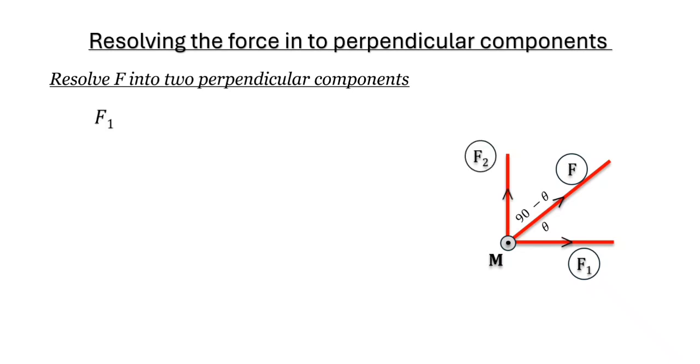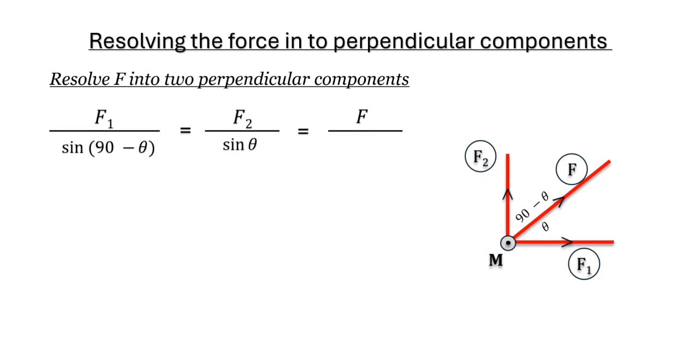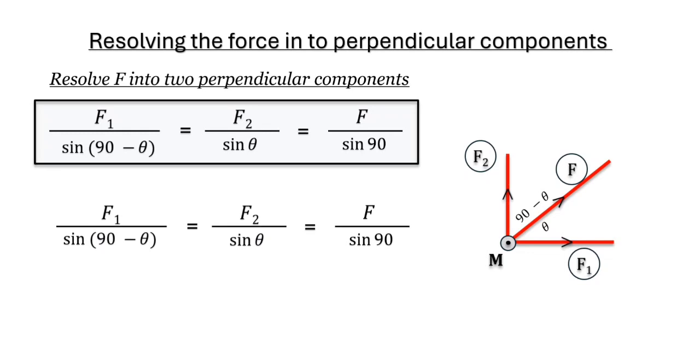So this will be F1, this will be F2. Use sine law. F1 over what? Sine 90 minus theta equals what? F2 over sine theta. Good. And F over sine what? The summation of them. The summation, it will be sine 90. So now sine 90 minus theta equals what? It's very important.